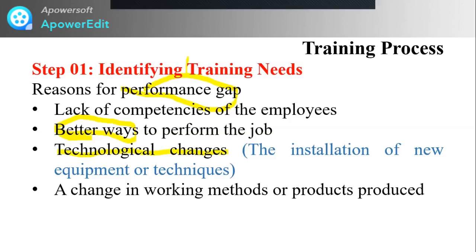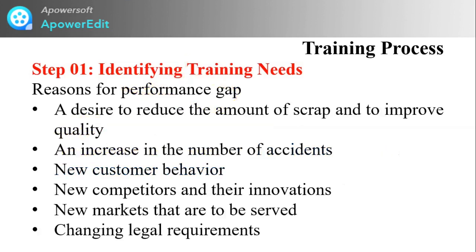Then, change in working method or product produced. Up to this point we were using manual methods, and now we are introducing a machine-oriented method, so we have to train the worker. Then another reason: the desire to reduce the amount of scrap and to improve quality.